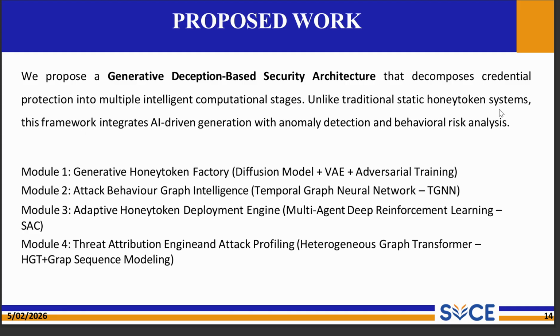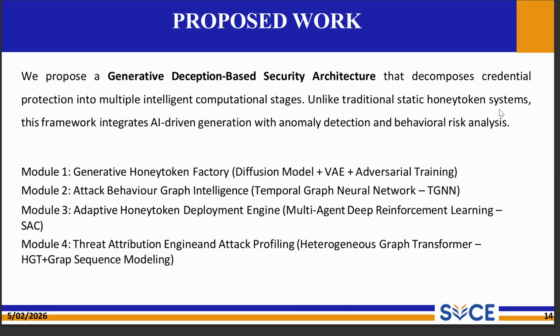Our solution is a generative deception-based security architecture that decomposes credential protection into multiple intelligent computational stages. Module 1 is the Generative Honey Token Factory, which uses a diffusion model combined with a variational autoencoder. Module 2 is the Attack Behavior Graph Intelligence Module, which uses a temporal graph neural network to model and detect attacker movement patterns over time.